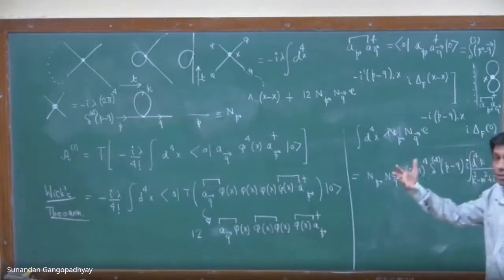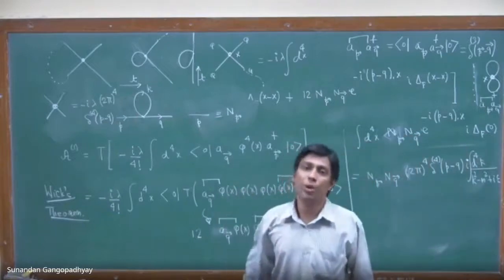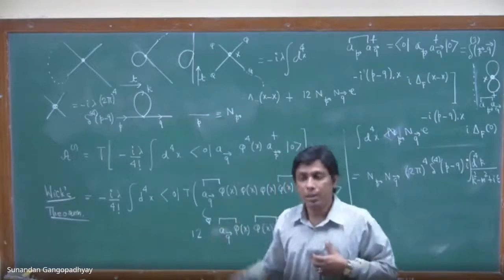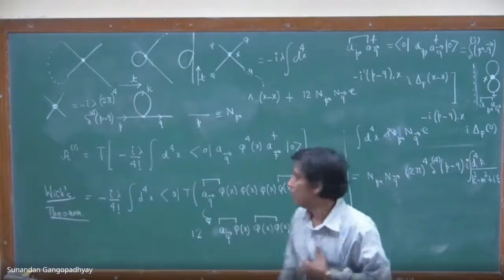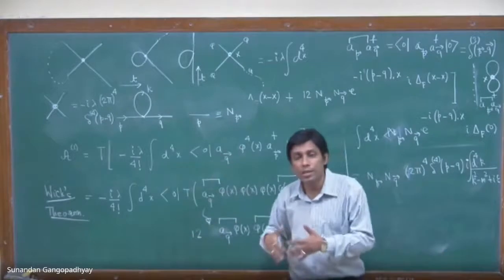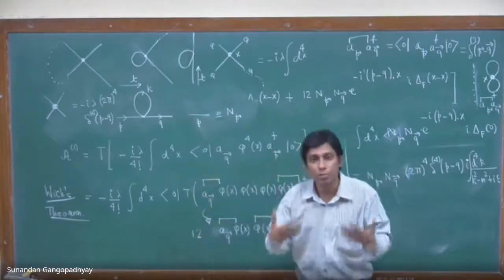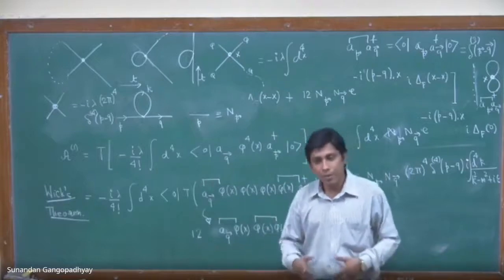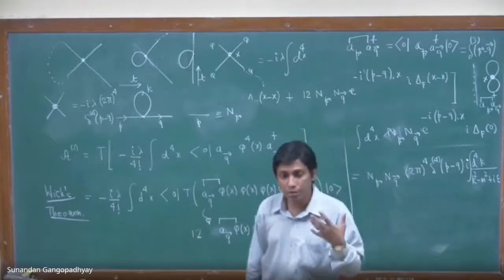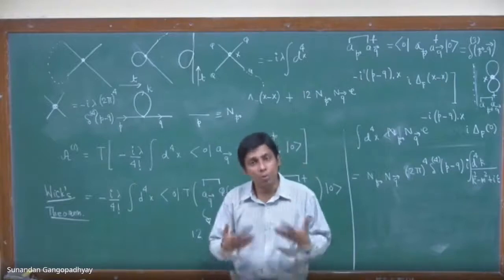When you have a loop momentum, there is an integration over the loop momentum. So if there are two loops, there will be two integrations, and so on. There is one loop, so there is one integration over momentum. So we have converted everything: earlier we were doing things in position space, but now we have taken things to momentum space, and just as we had Feynman rules in position space, in configuration space, now we have Feynman rules in momentum space.